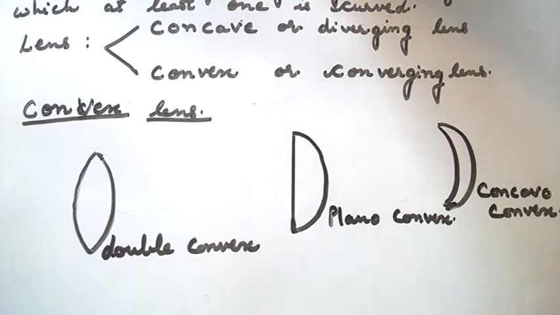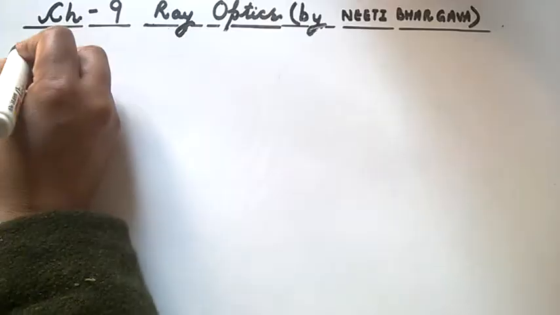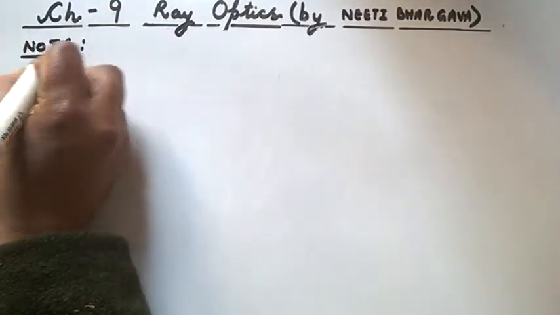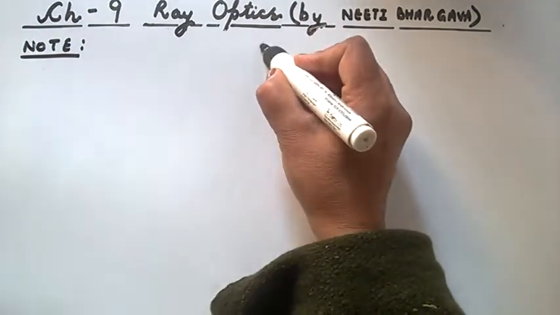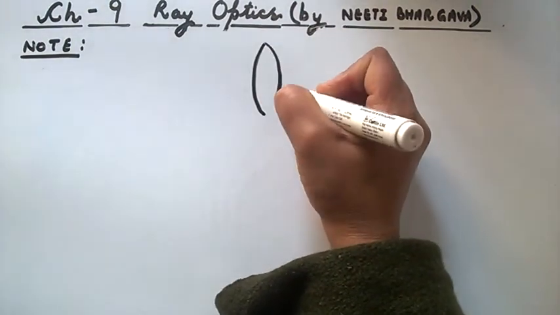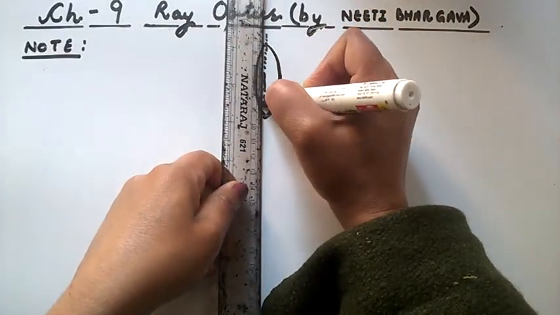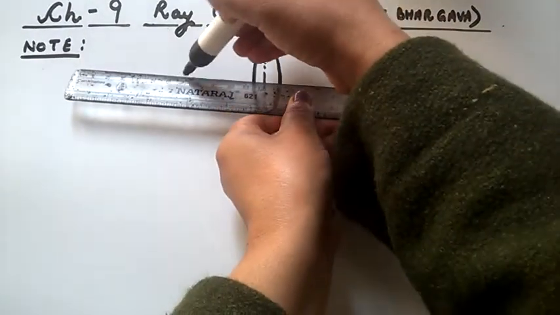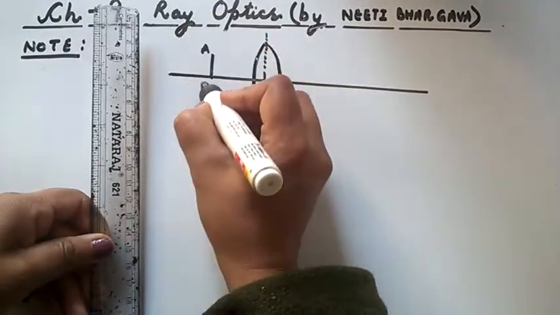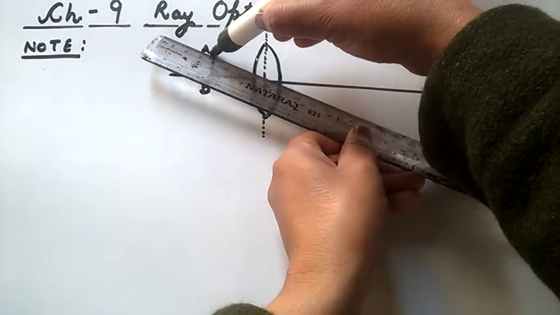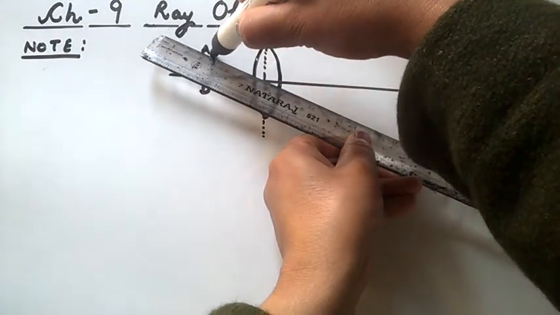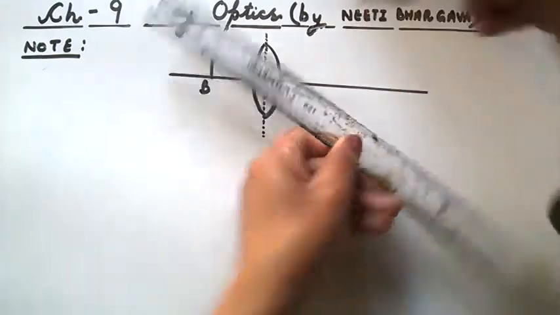Now note some ray diagrams. When the ray is passing through any of the lenses through the optical center, here let us consider the convex lens, and the optical center is the center of the lens, then after refraction the ray will remain undeviated and will go straight.